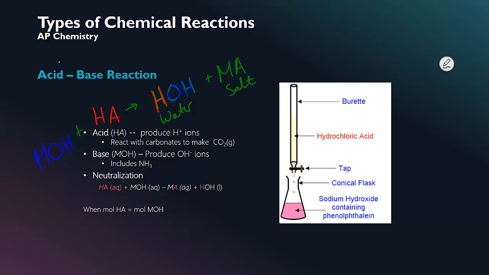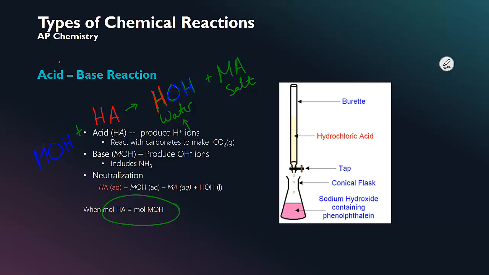Now, since all acid-base reactions produce the same products, we can use this information to determine how much acid or base is present in something by slowly reacting them through a process known as titration. Titration mixes an acid and a base with the objective to get your moles of acid to equal your moles of base to neutralize the solution.